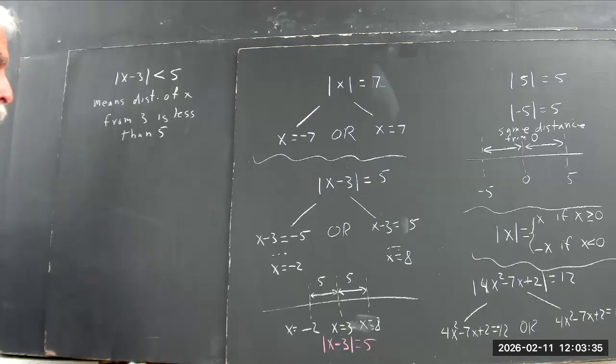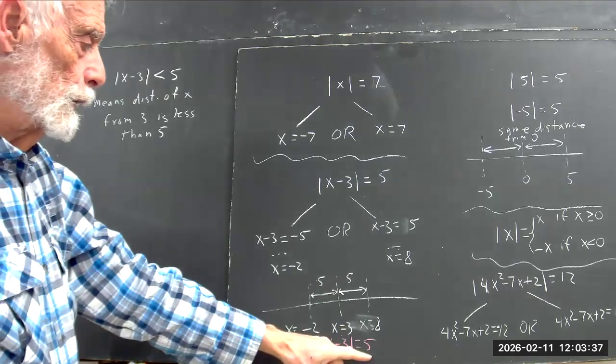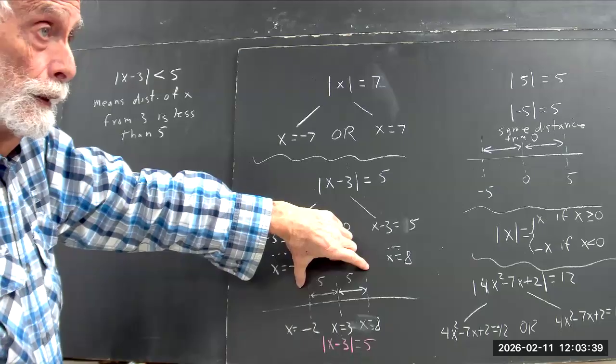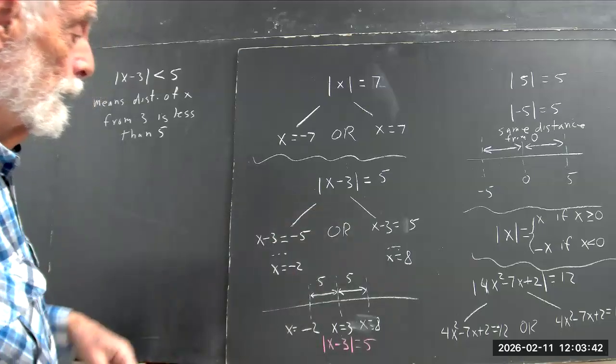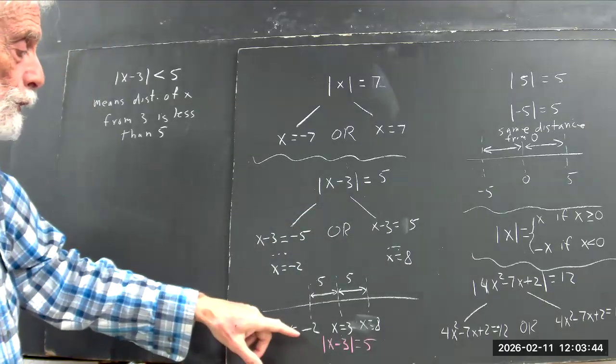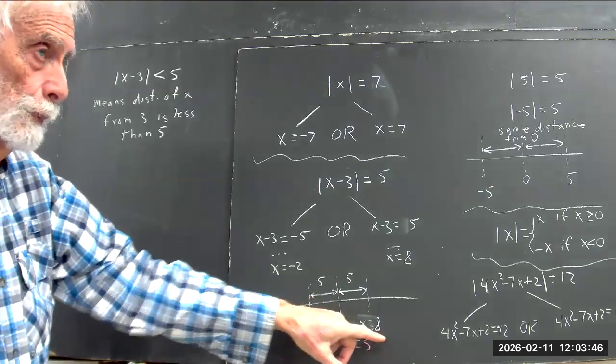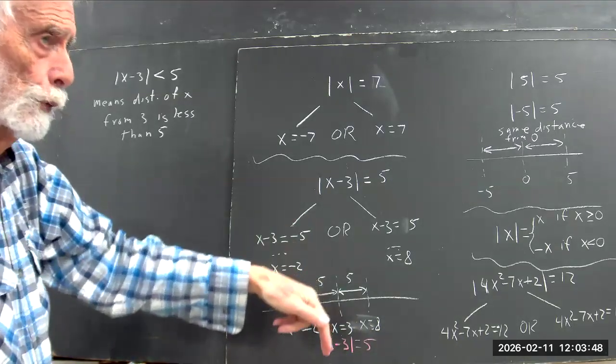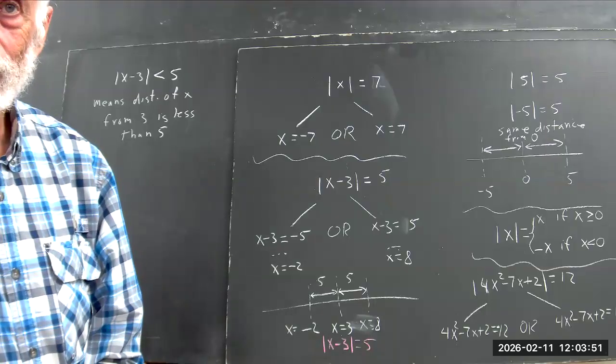Now we already know what the absolute value of x minus 3 equals 5 looks like. The solutions are x equals negative 2 and x equals 8, with x equals 3 in the middle.